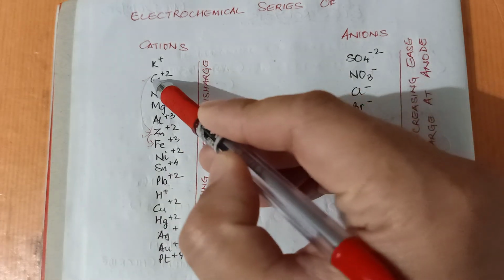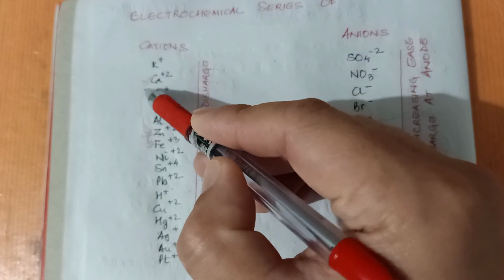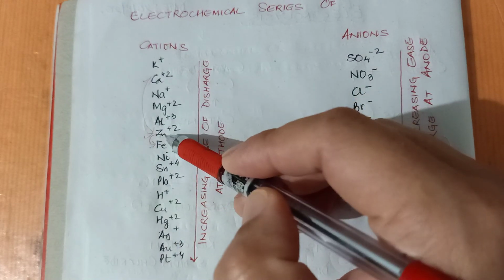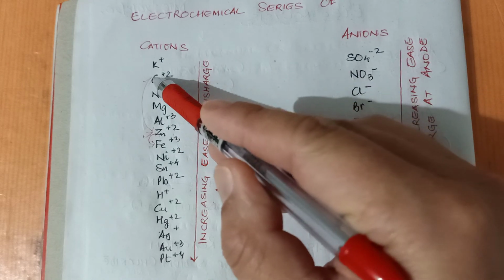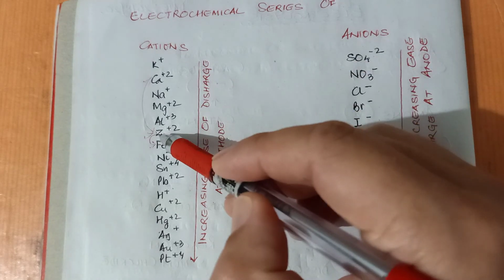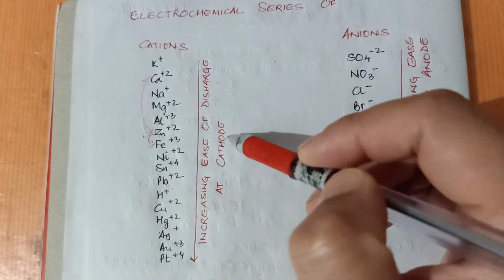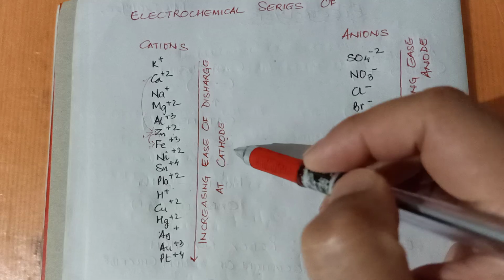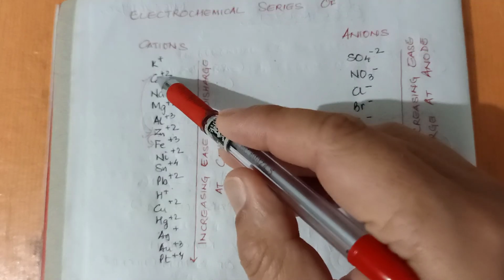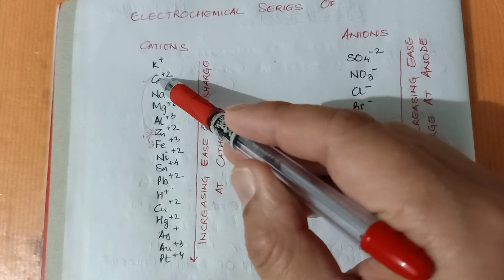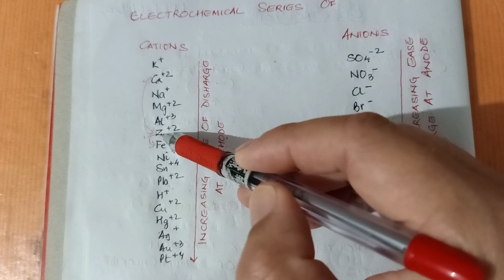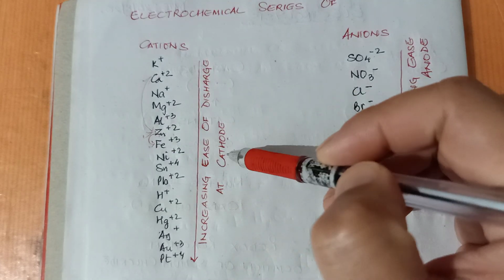That means if we compare the cations calcium and zinc, zinc being at the lower position in the series, calcium will make zinc move towards the cathode. That is called discharge, discharge of zinc at the cathode. So if we have two cations, zinc and calcium, zinc will be discharged at the cathode.